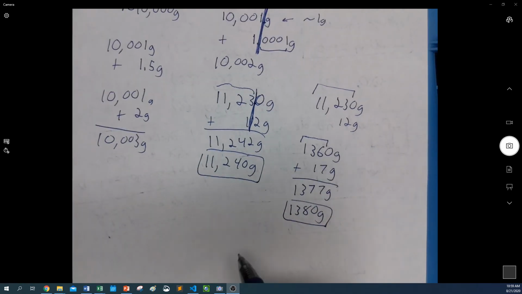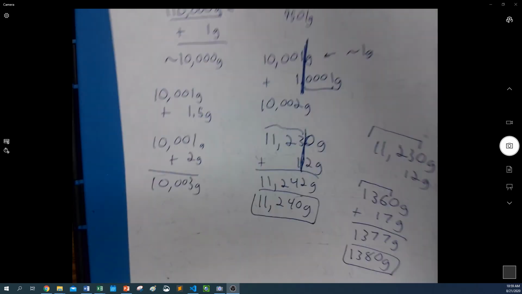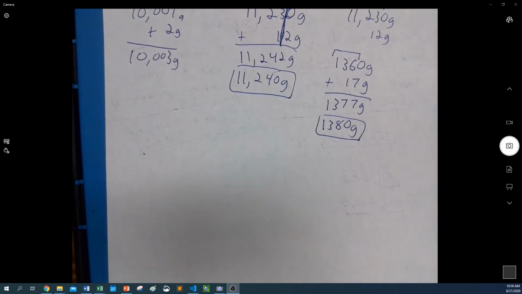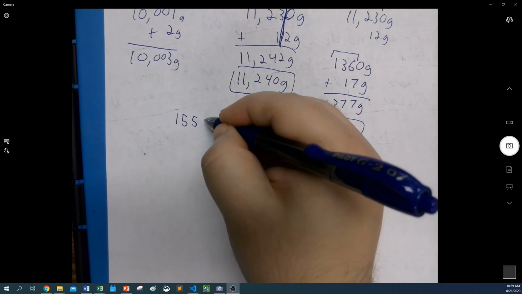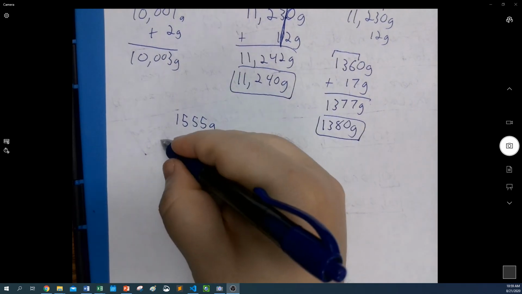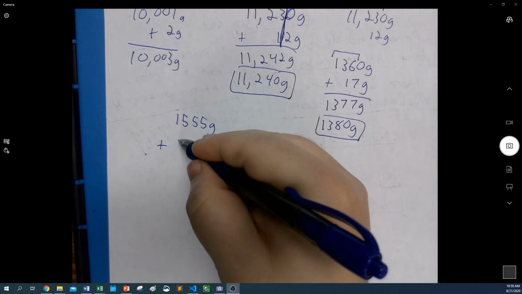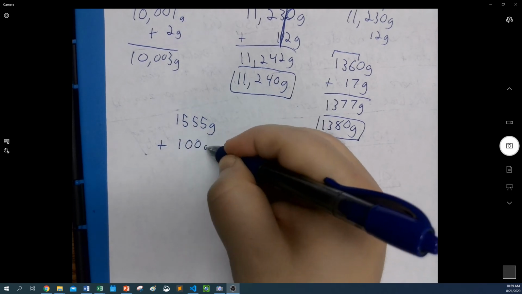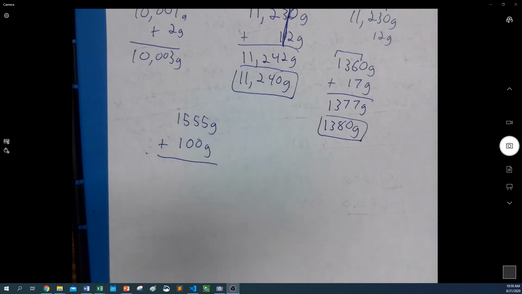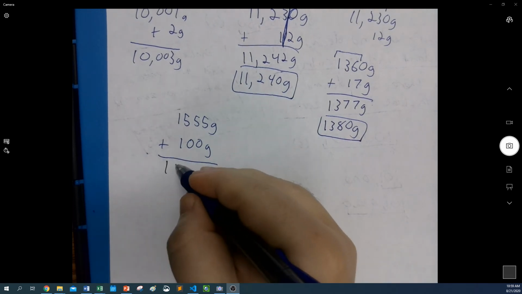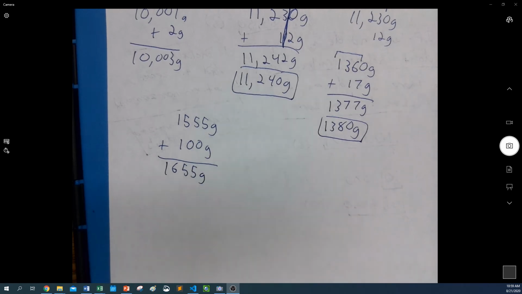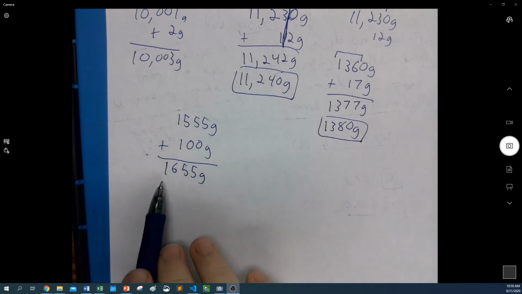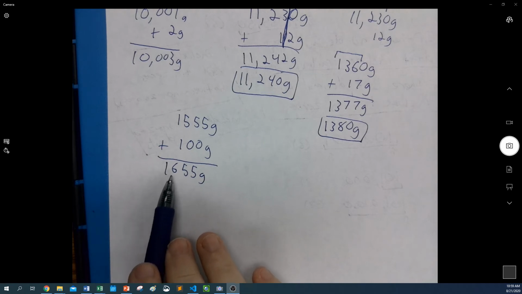So another example. 1,555 grams plus 100 grams. So that would be 1,655 grams.